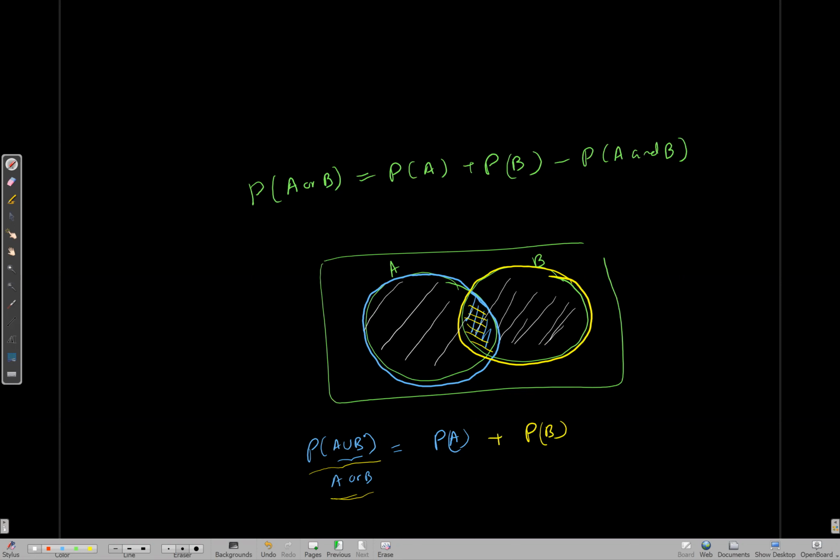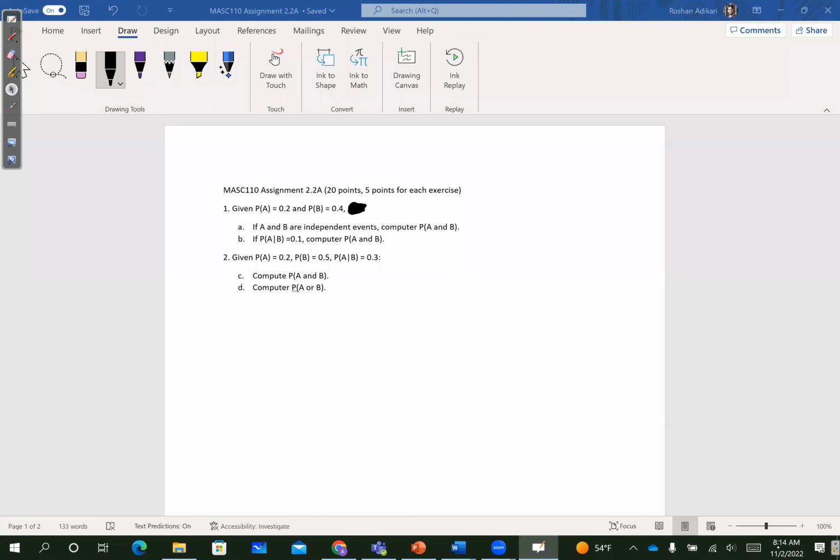That is this guy minus the middle part, because I have already calculated that twice, so I need to reduce it once. So this is P(A and B). That is the formula you are looking for. So it's an application of that.